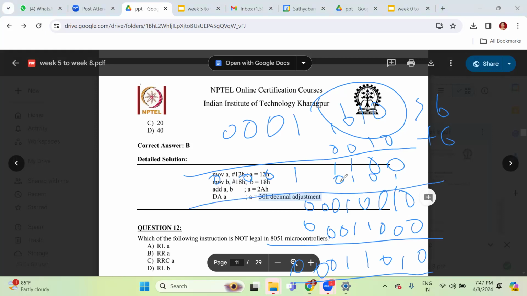So if I add, again what will I get? 101 plus 1010, and then I will get what? 1100. So I get 30. Okay. So I have to check which is greater, or else I can convert my 2A to decimal.